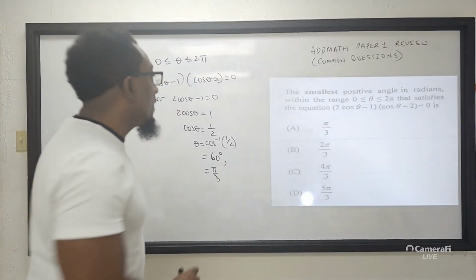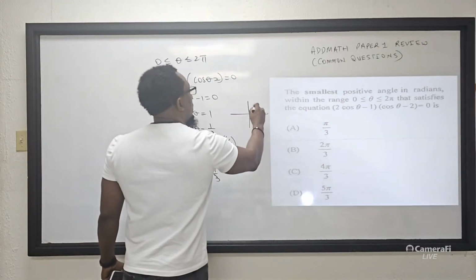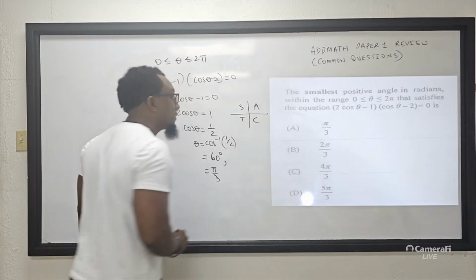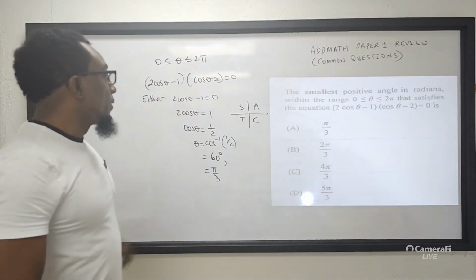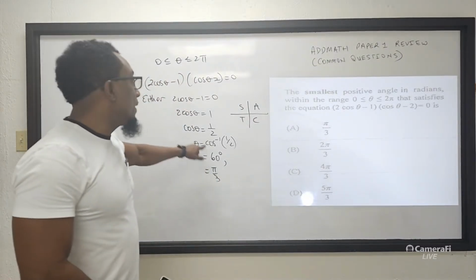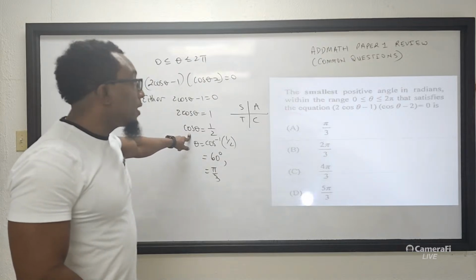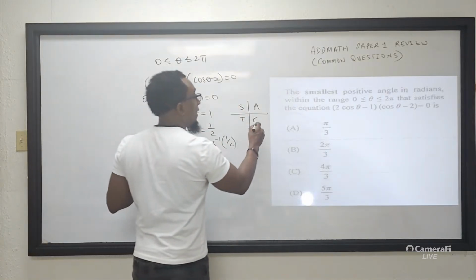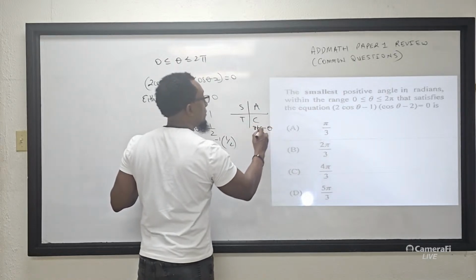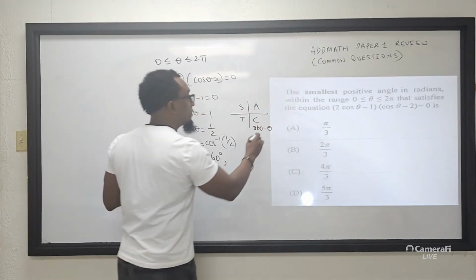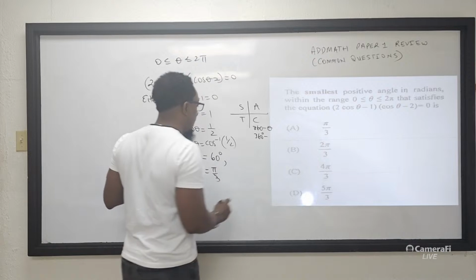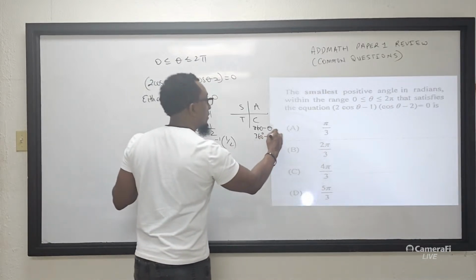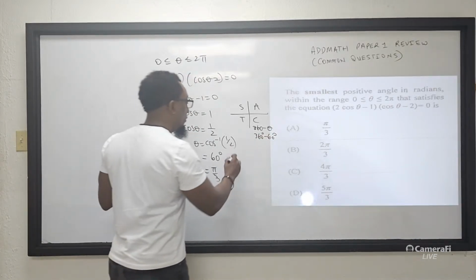So the secondary value when you're solving a trig equation, you must use the quadrant analysis test. So we have a positive principal value. We're looking at cos. Cos is positive in A and C. So to get the secondary value is going to be 360 minus theta, or 360 subtract theta, which is 60 degrees, which will give us 300 degrees.